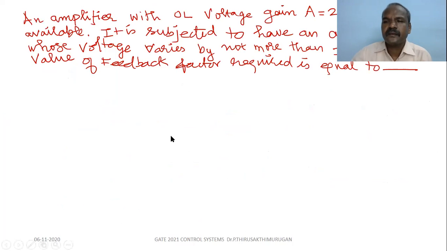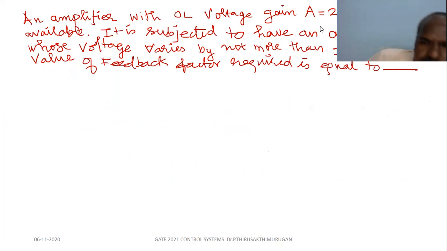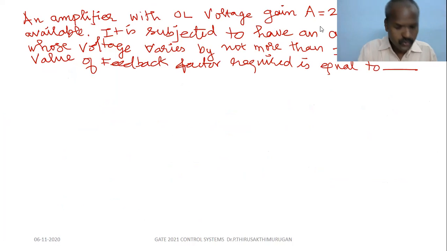So what is the next problem? An amplifier with the open loop voltage gain A equal to 2000 plus or minus 100 is available.